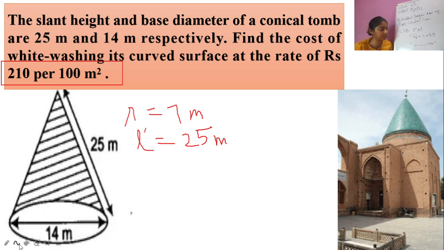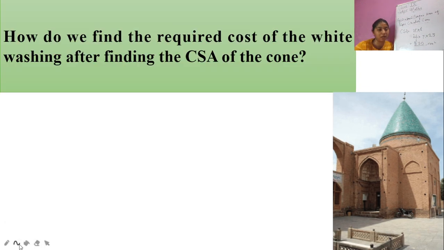So yes, please check your answer. That we get 550 meter square. Okay. So now let's proceed further. So students, now we have to calculate the cost for the whitewashing after finding the curved surface area of this conical dome. So let me mark the cone again for you.